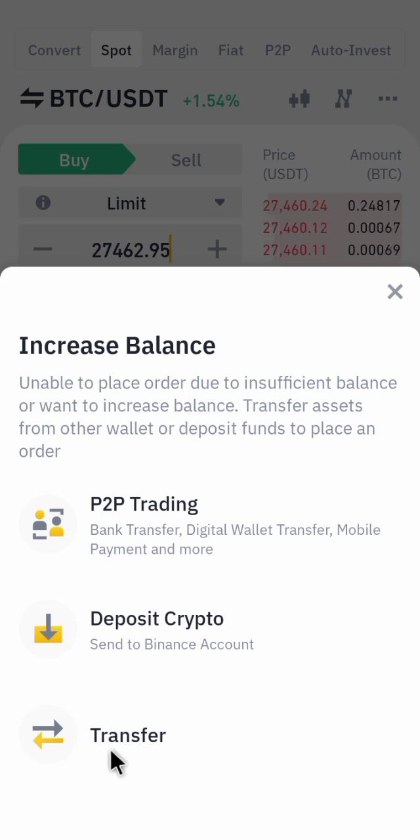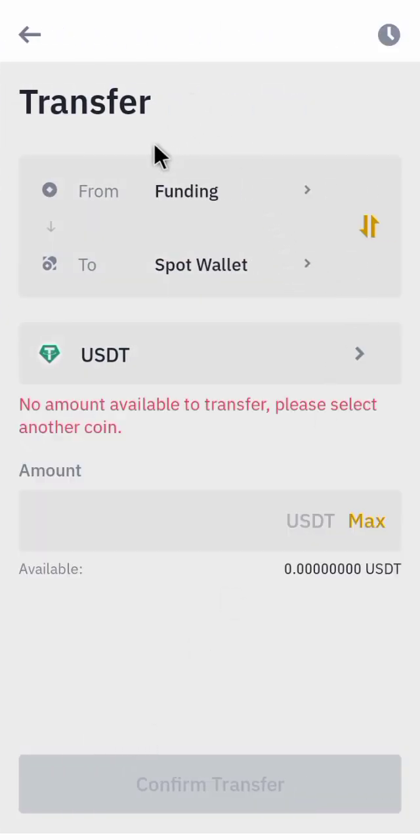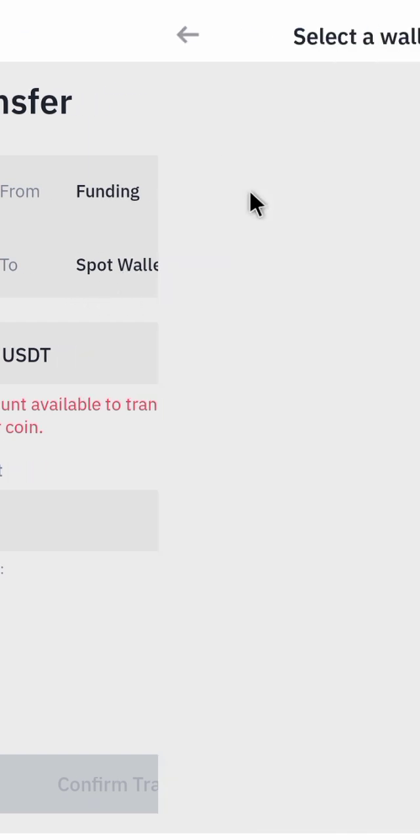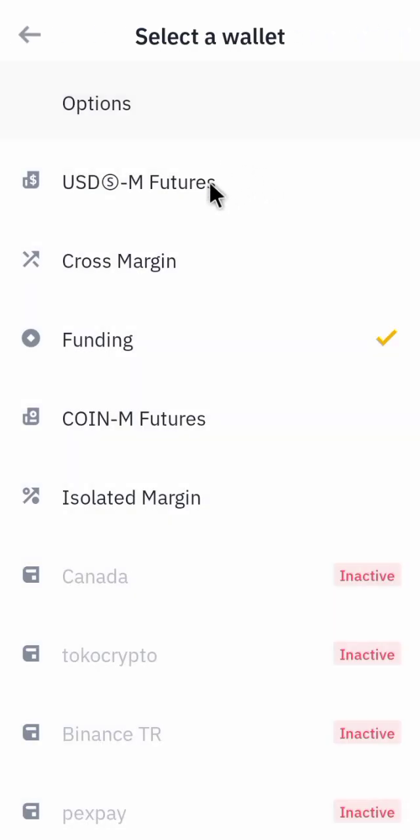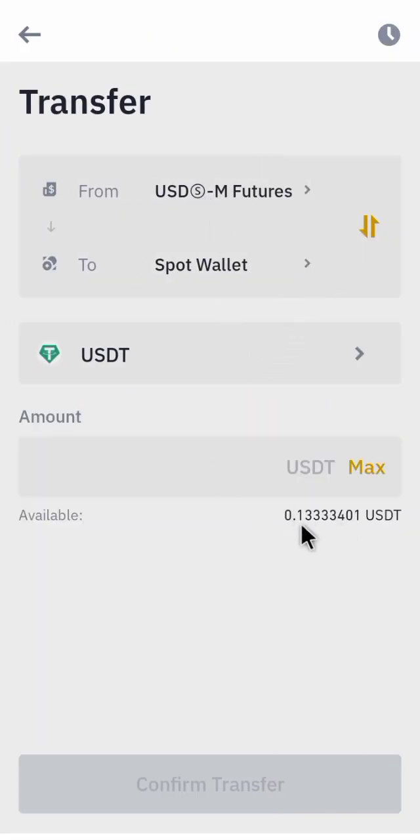And if I want to transfer funds from one of my wallets to the spot wallet, I do so. I have USDT on my futures wallet, and I want to transfer from my futures wallet to my spot wallet. So I click on transfer. You can see transfer from funding to spot. I change the funding to USDM, that's the futures wallet. Then you can see my futures wallet amount is 0.133 USDT.